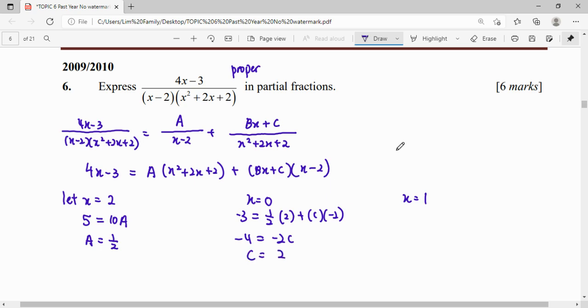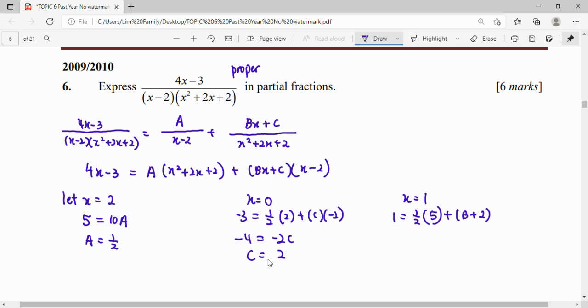Finally, for x equals 1. Use our a and substitute x equals 1: 1 plus 2 plus 2. Then bx plus c, so 1b plus 2.